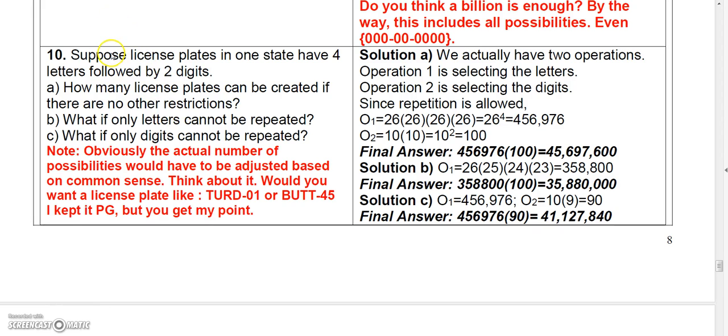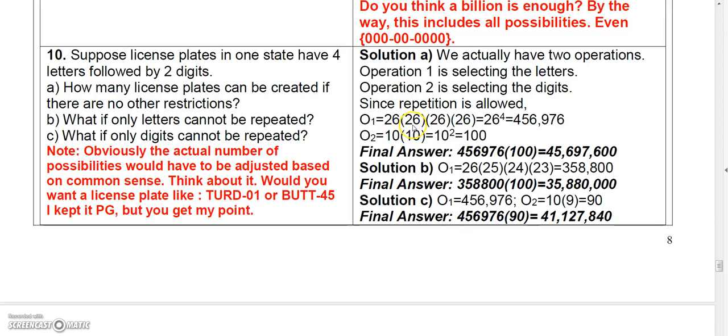Number 10 says, suppose license plates in one state have 4 letters followed by 2 digits. How many license plates can be created if there are no restrictions? Well, here's part A. If there are no restrictions, then repetition would be allowed for the letters.